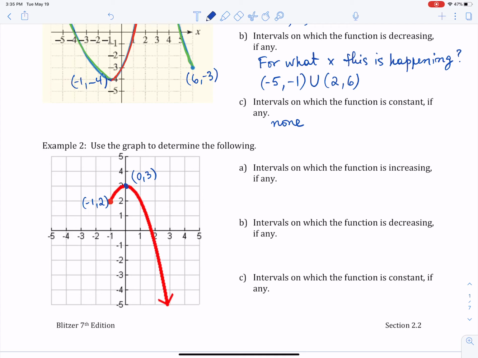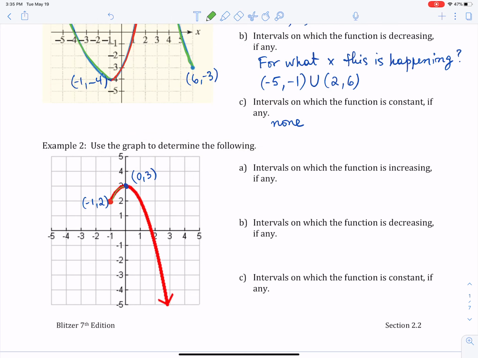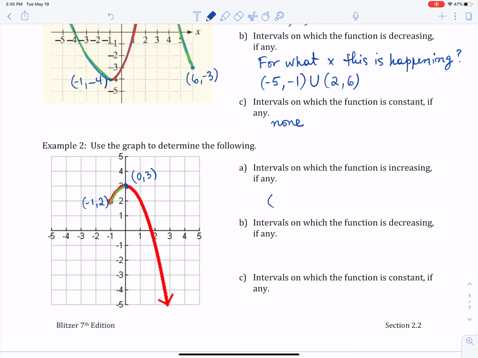So when the question is to determine the intervals on which the function is increasing, if any, I'm going to think, okay, so where is that happening? Oh, this is where it's increasing. And again, my answer is going to be in terms of x. Oh, x needs to be between -1 and 0 for this to happen.